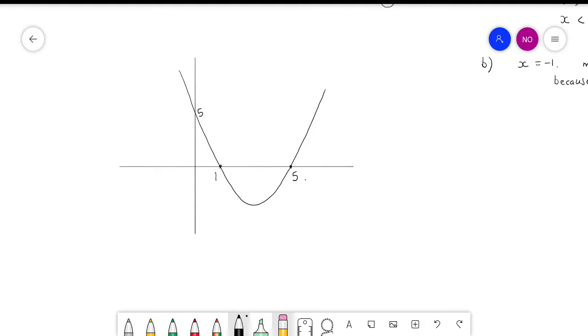Do you guys agree that I split it up at 1 and 5? Nee? Okay. Sien julle dat aan hierdie kant van die 1 is die afgeleide groter as 0? Do you guys see that?